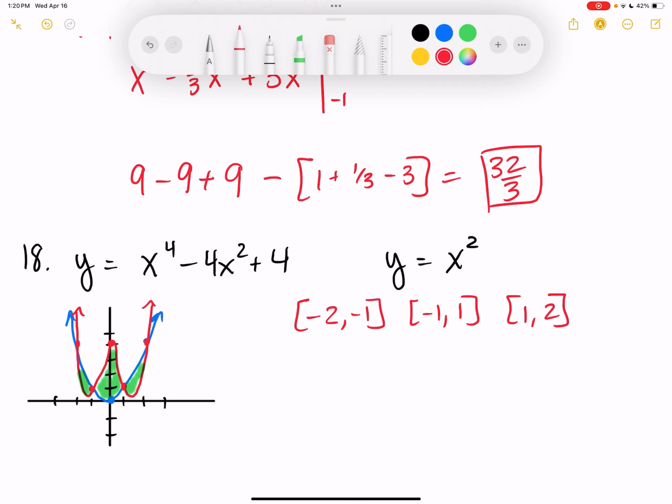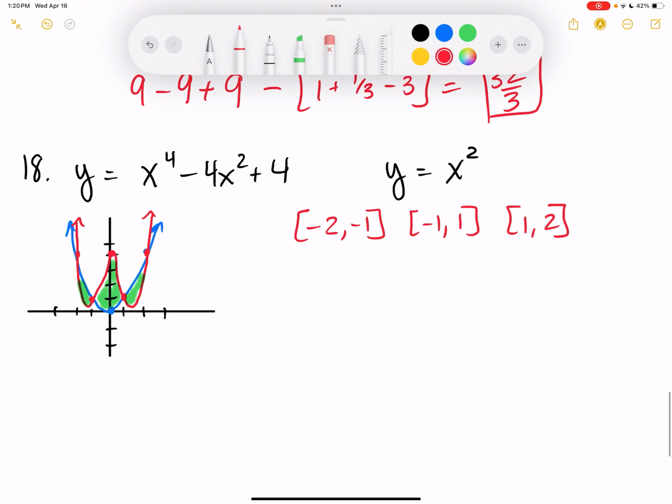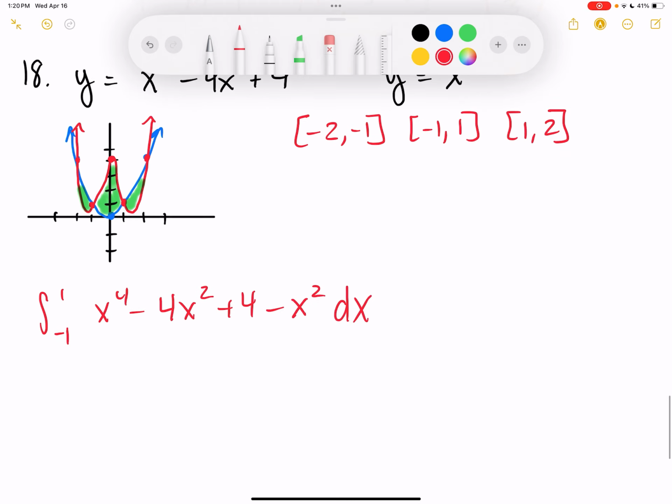Okie dokie. So I'm going to start out with the middle one first, just because, I don't know, I feel like it. So from -1 to 1 of x to the 4th minus 4x squared plus 4 minus x squared dx ends up giving me the integral from -1 to 1 of x to the 4th minus 5x squared plus 4 dx.